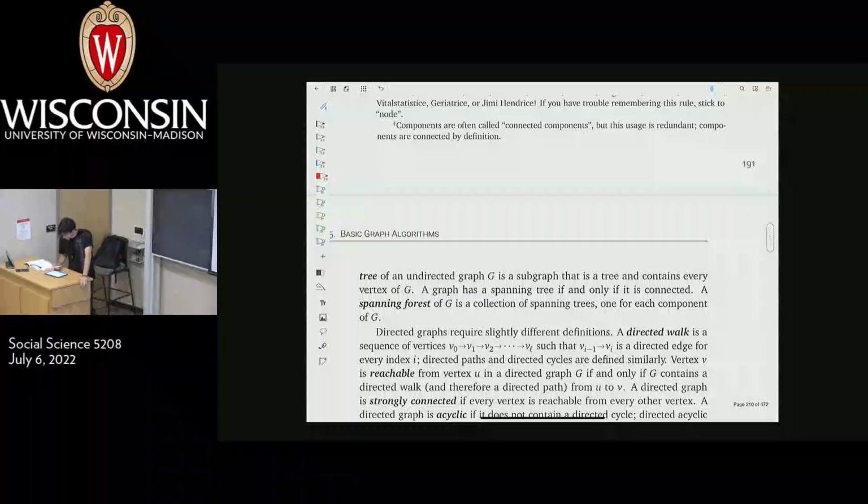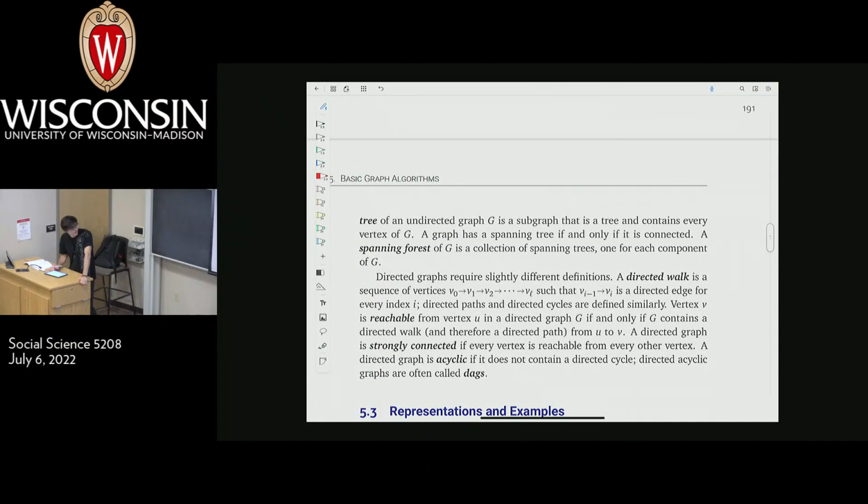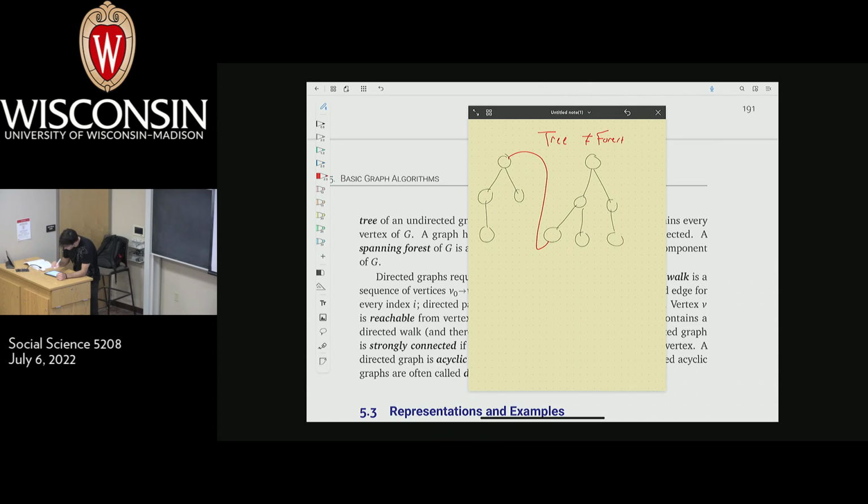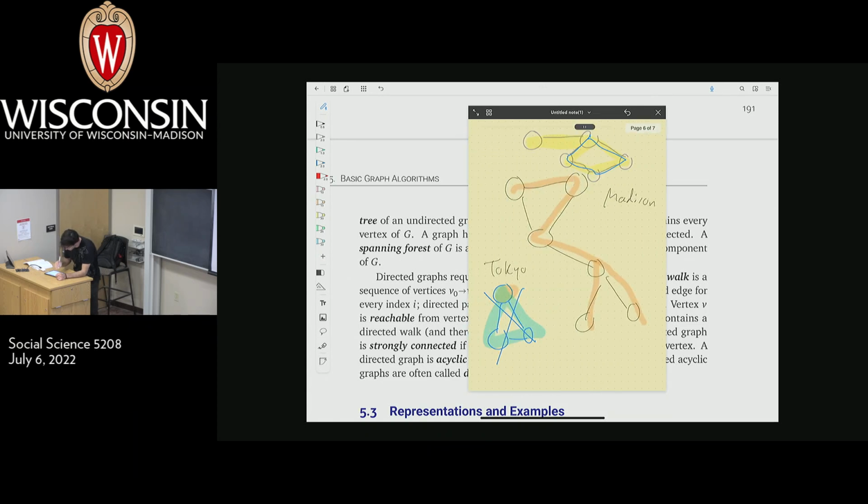And the last thing we care about are called spanning trees. So a spanning tree would be if we took a graph, let's say this one right here. A spanning tree is just a tree subgraph that touches every node.